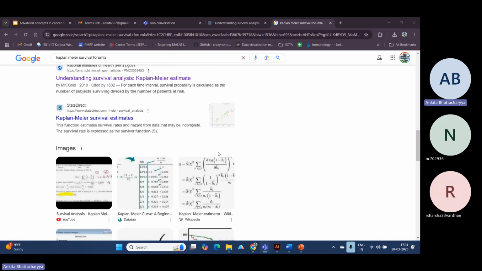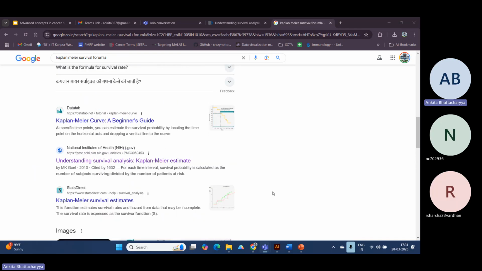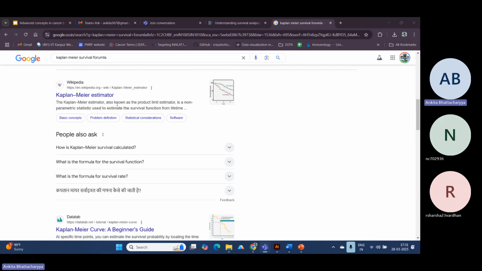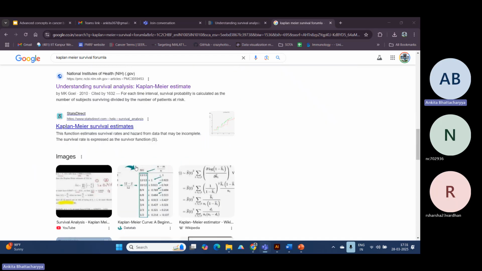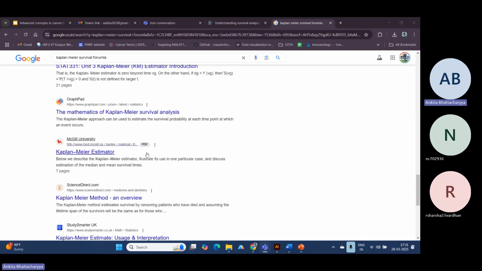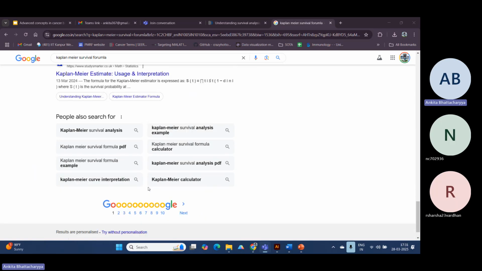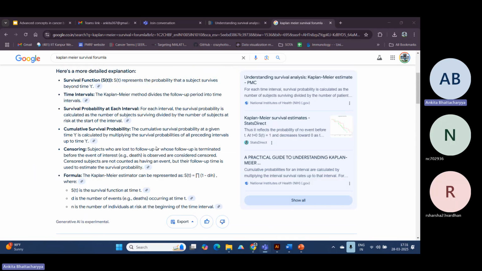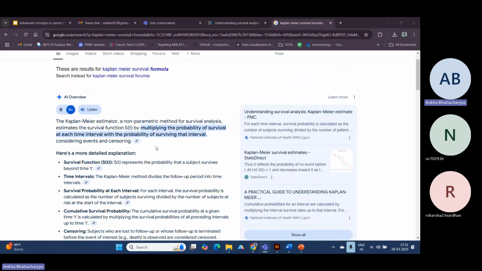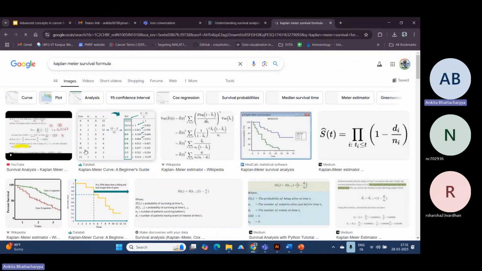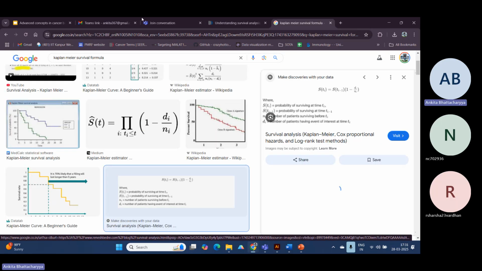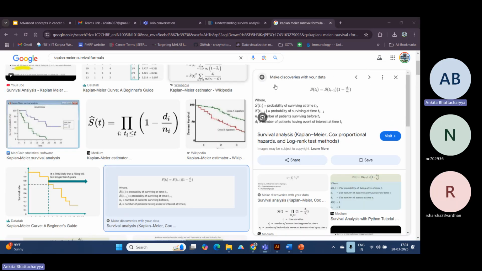Survival at time t and survival at time t minus 1 are both factored in to give you the effect of that particular treatment or the effect of that particular disease. I could not find a very good resource for this, but it's okay. Basically, this is what happens.